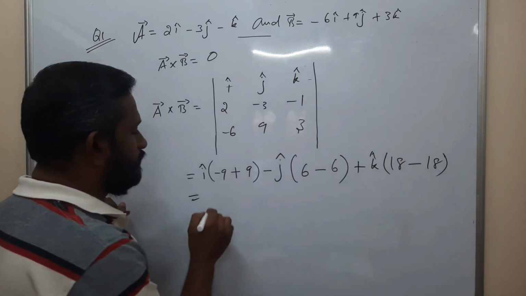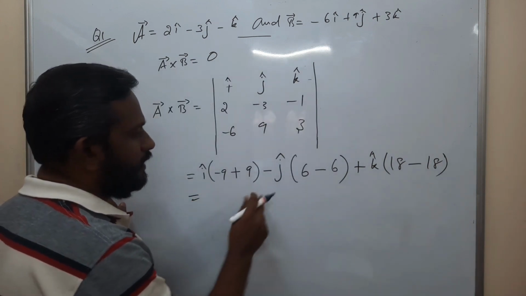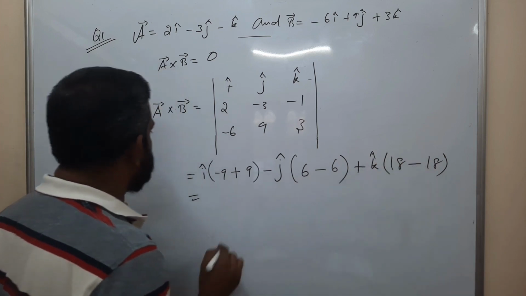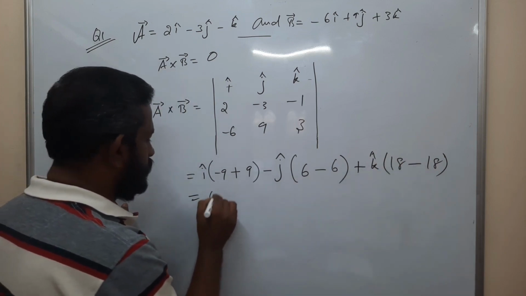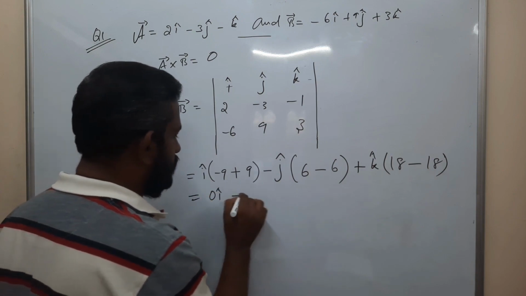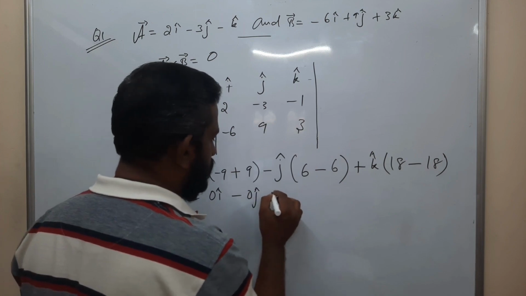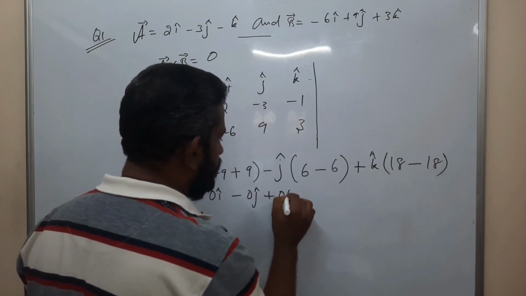So minus 9 plus 9 is 0, 6 minus 6 is 0, 18 minus 18 is 0. So that is 0 i cap minus 0 j cap plus 0 k cap.